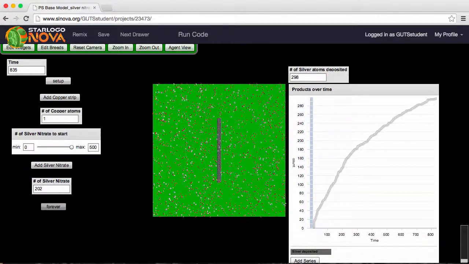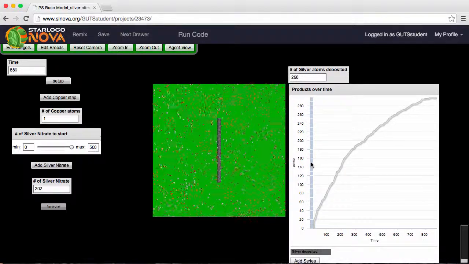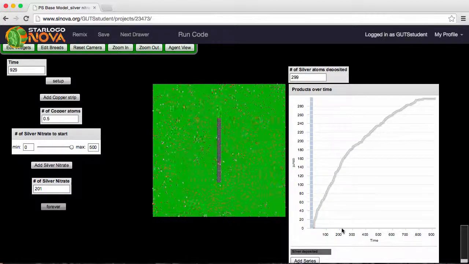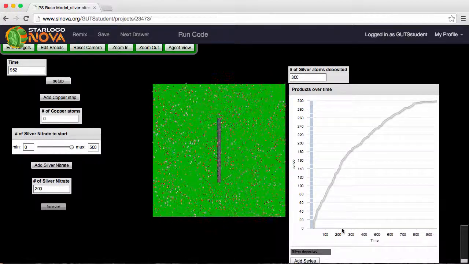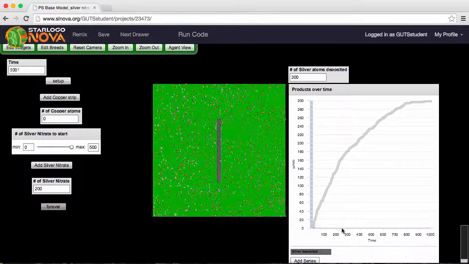And I can already see from the graph that at 150 silver atoms produced, the time is about 200. So it slowed down the reaction.